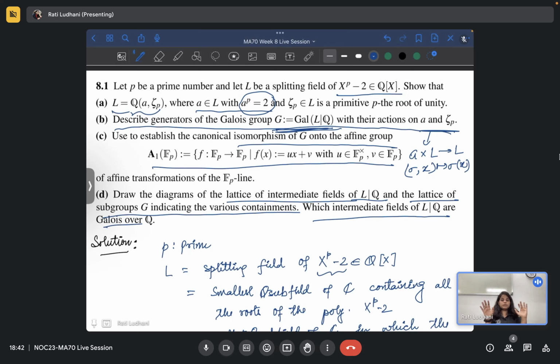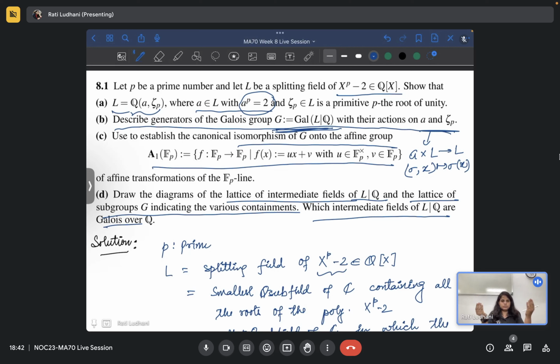When does this happen? When it is a Galois extension, right? So we have to see whether this is a Galois extension or not. If not, then of course we don't have much hands on for this question. But if it turns out to be a Galois extension, then we have this. If you consider a subgroup, then we have the corresponding field.